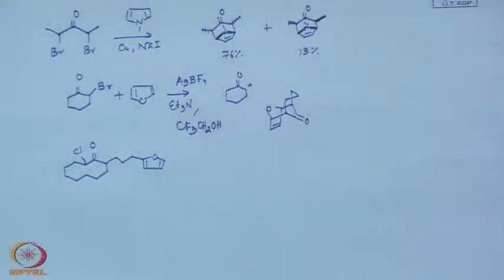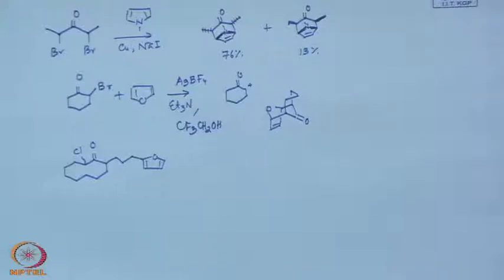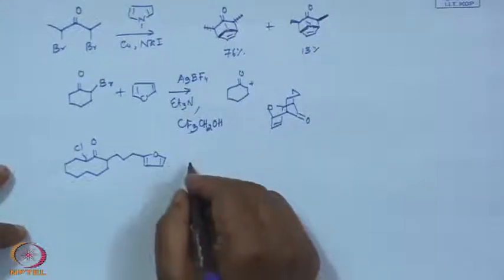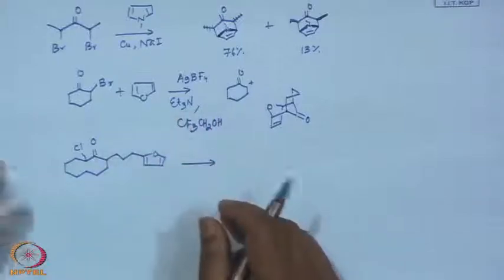Now you have a substituent containing this furan ring system, and once again the purpose is to engage the furan unit in reaction with this alpha chloro acetone unit in a 4+3 cycloaddition reaction. So you can think about the previous reaction conditions, that means you can use silver tetrafluoroborate, triethylamine, etc.